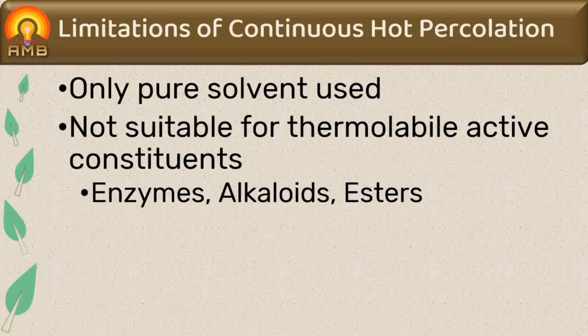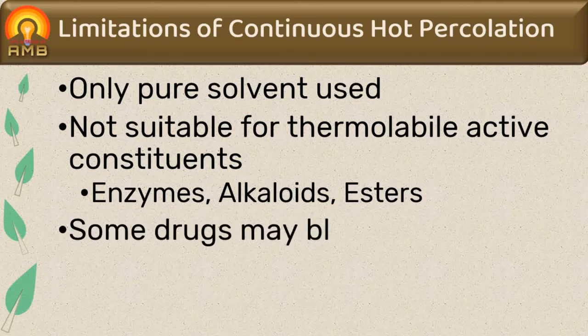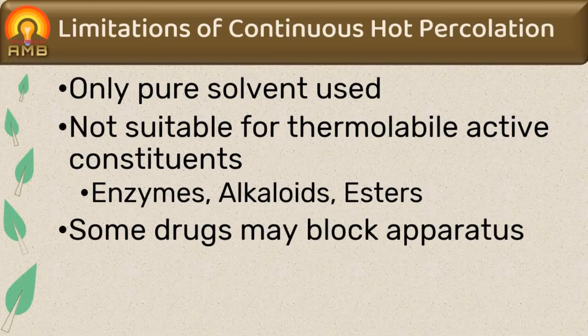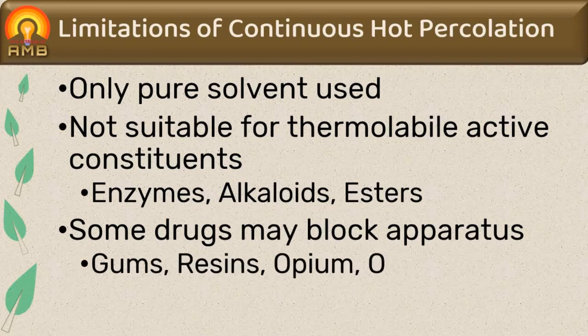That's why it is continuously heated. So thermolabile active constituent containing drugs cannot be extracted by this process. Some drugs may block the apparatus or make the apparatus impermeable to the menstruum. Examples of drugs which may block the apparatus are gums, resins, opium, orange peel, etc.